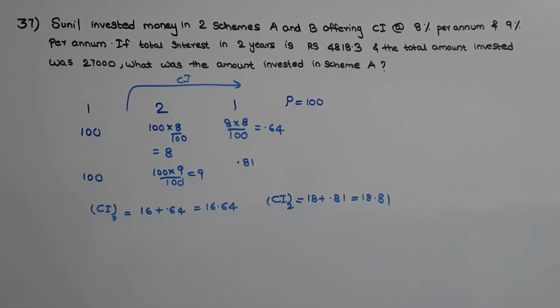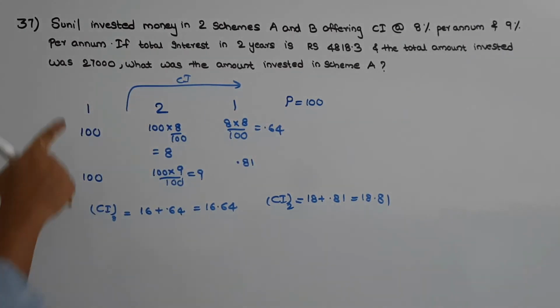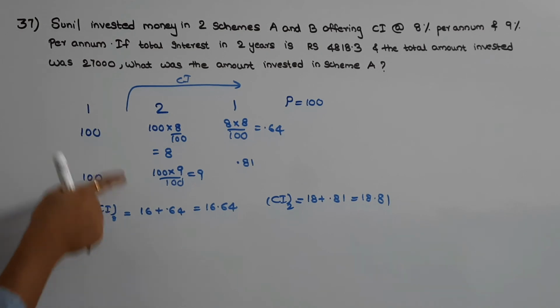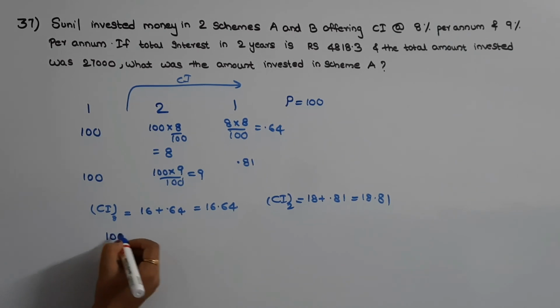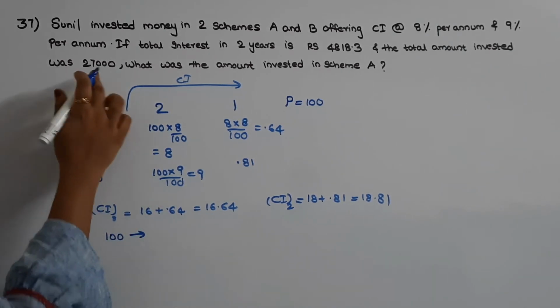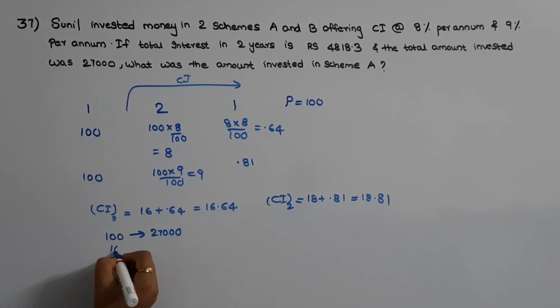Now these are the compound interests when the principal is 100, but we need to find the compound interest when the principal is 27,000. So this 100 is given in the question as 27,000. Then how can we write this 16.64?